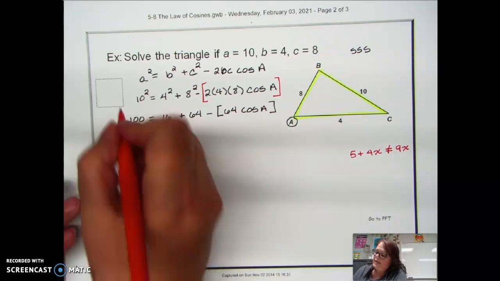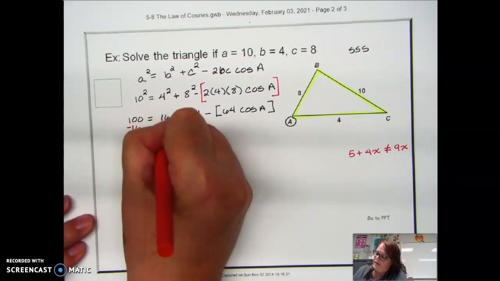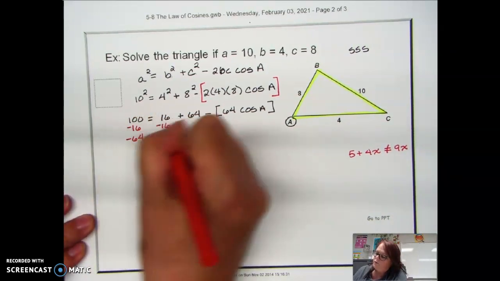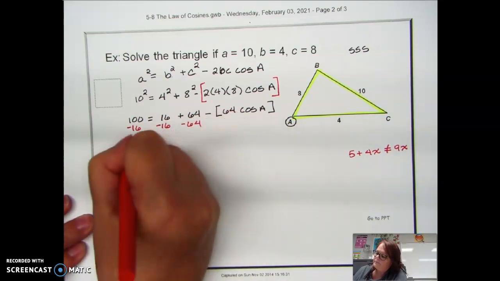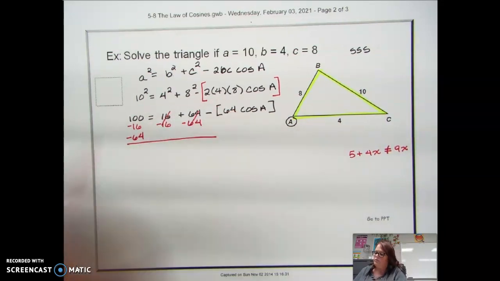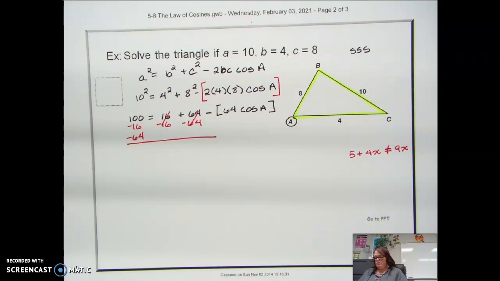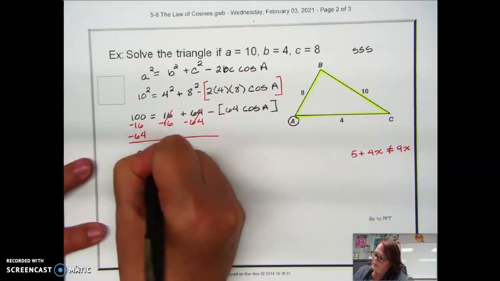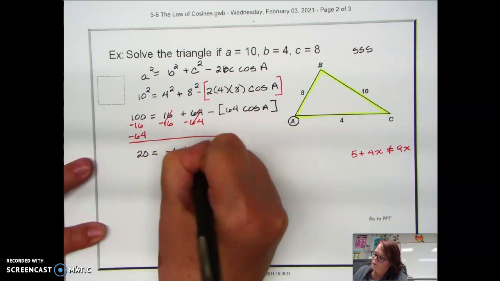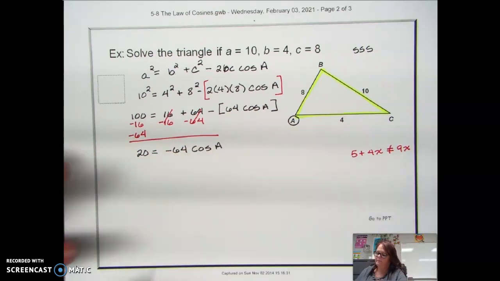So I'm just going to go ahead and subtract 16 from both sides and subtract 64 from both sides. So these cancel. And so if I do 100 minus 16 minus 64, that gives me positive 20 is equal to negative 64 cosine of a.